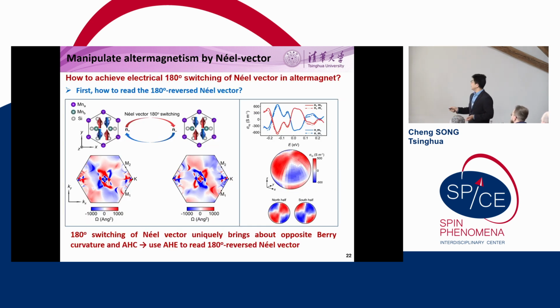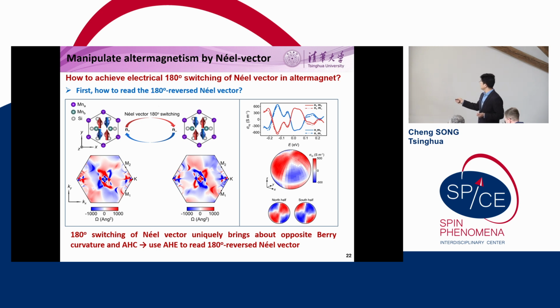When we try to achieve 180-degree switching of the Néel vector in an altermagnet, first we want to know how to read the 180-degree reversal. We did this calculation. It shows that when the Néel vector switches 180 degrees, it brings opposite Berry curvature and anomalous Hall conductivity. We also demonstrate this here.